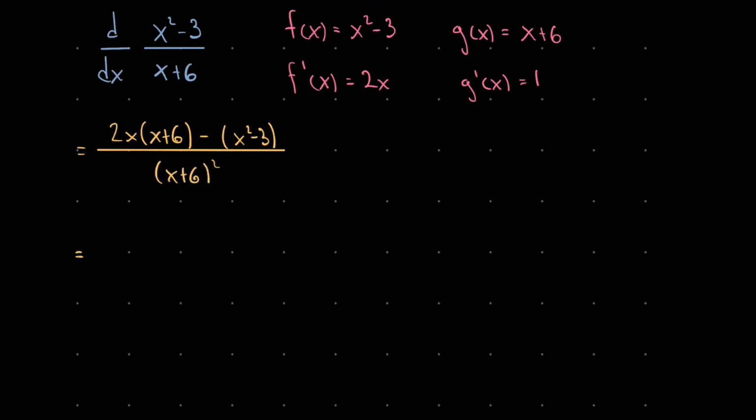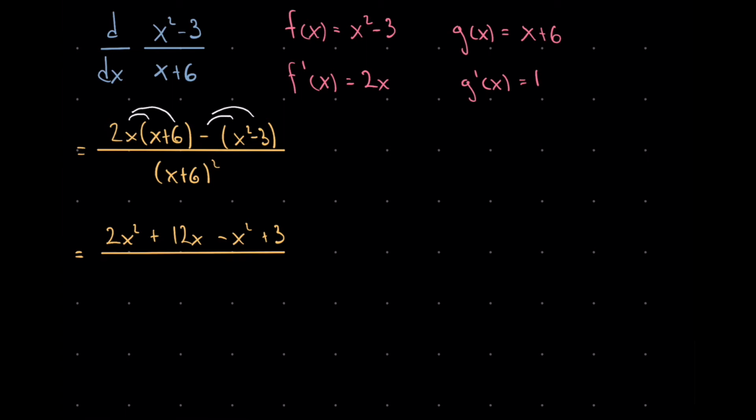And so now we do some reducing. We have 2x times x and 2x times 6. So that's equal to 2x squared plus 2x times 6, that's 12x. And then over here we have minus x squared and minus 3. So that gives us minus x squared, and two negatives, that's a positive, plus 3.